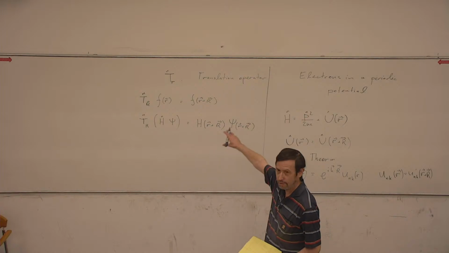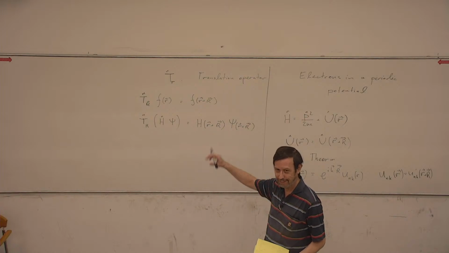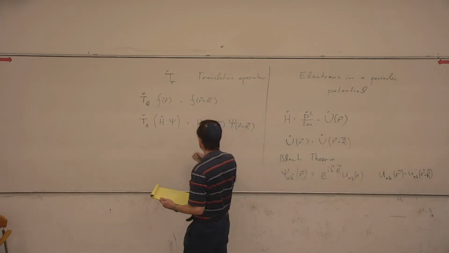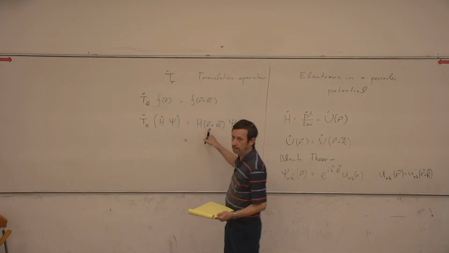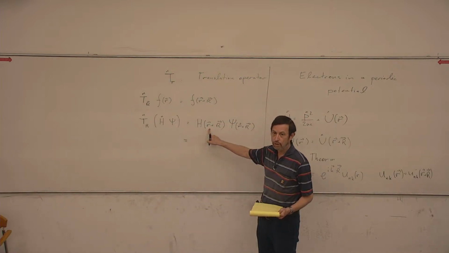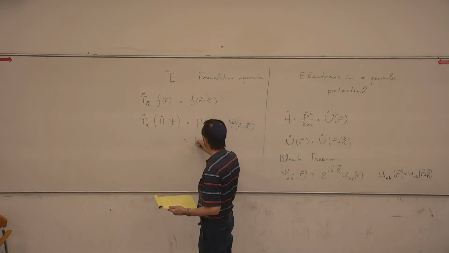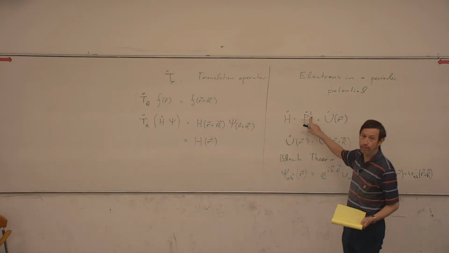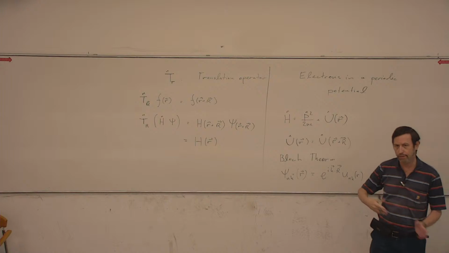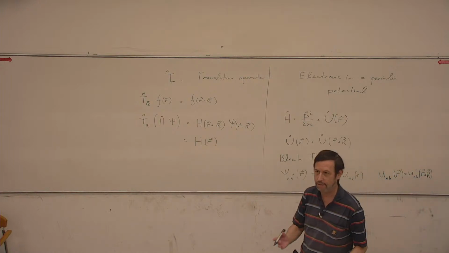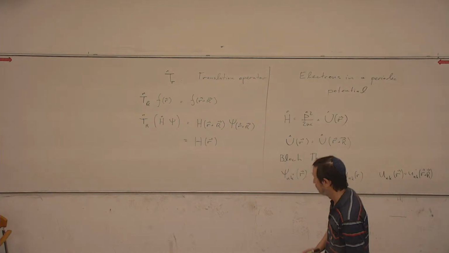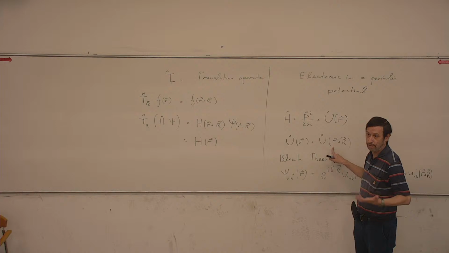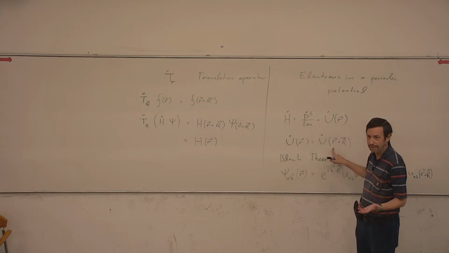Takes any function, wherever r is written, I write r plus R. This guy, by construction, is the same as H of r. Why? Because p is a derivative of x, and for the derivative, the fact that I added some constant doesn't change anything. And this guy is our postulate that we are describing a lattice.